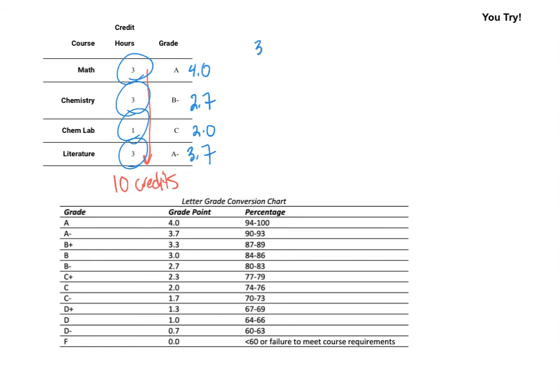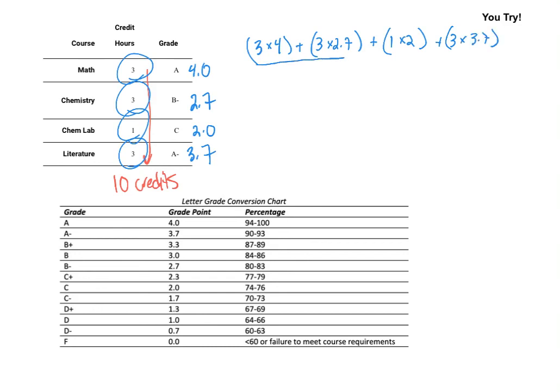So there were 3 credits, or a weight of 3, that had a GPA value or a grade point value of 4. I had another 3 credits that had a value of 2.7. I had 1 credit that had a value of 2 or 2.0. And then I had 3 credits that had a value of 3.7.